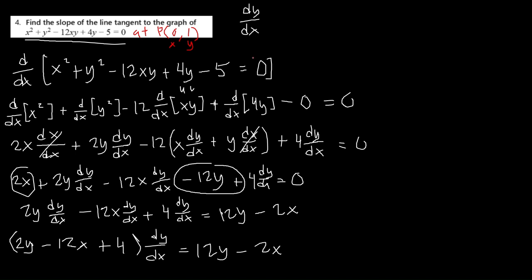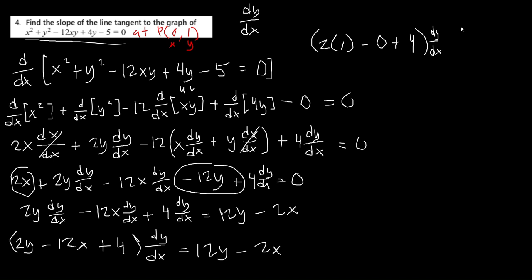So we can just substitute x and y into the equation we just made. So we can say 2 times 1 minus 12 times x, which is 0, plus 4 dy over dx.